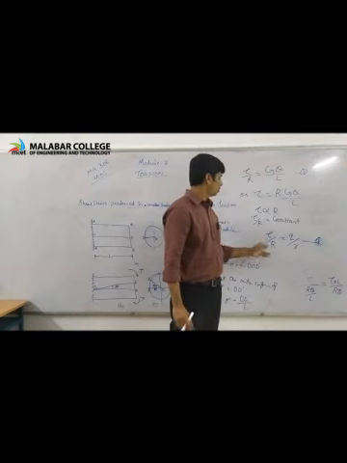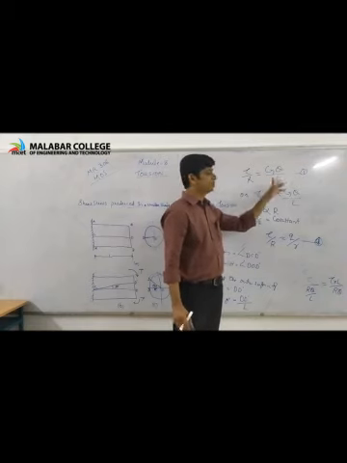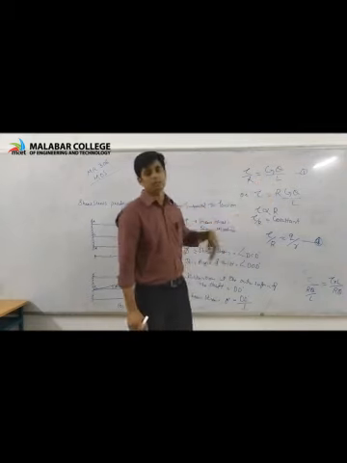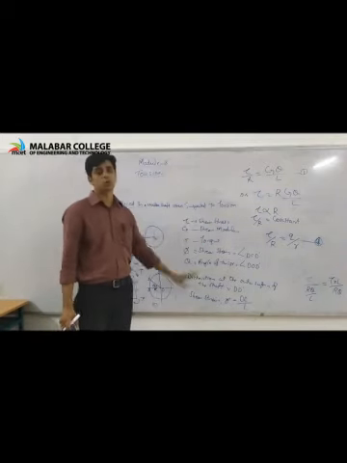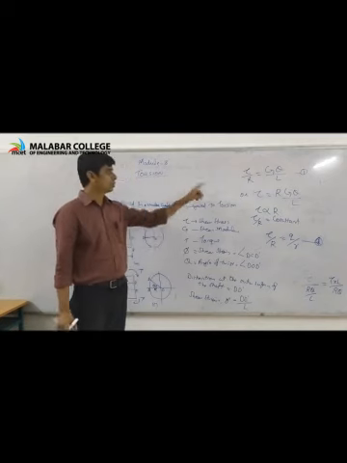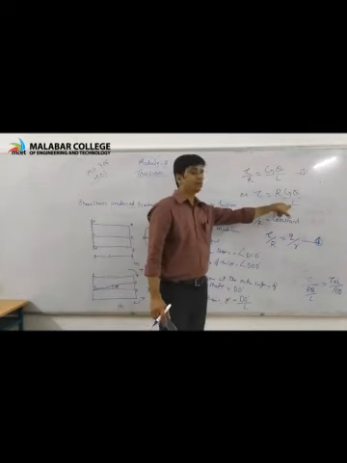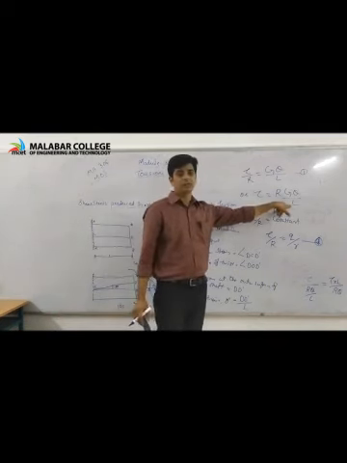This is equation number 2, and the earlier one is equation number 1. So tau by R is equal to q by r is equal to G theta by L. That is the shear stress produced in a shaft when subjected to torsion. Tau is equal to R G theta divided by L. That is the final equation.